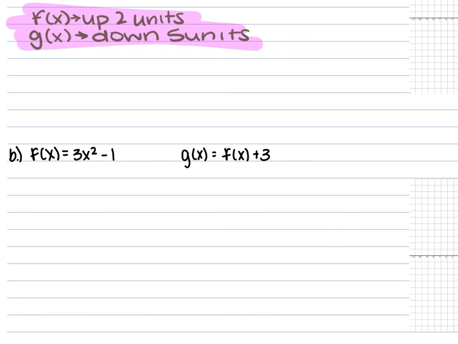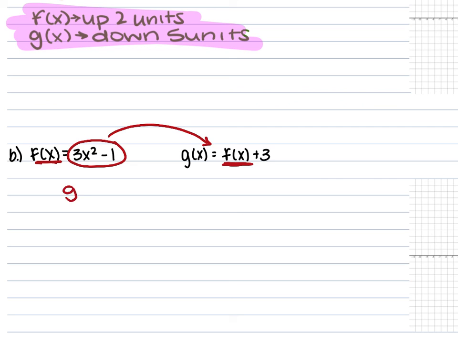For example, B, they're telling you that f of x is equal to 3x squared minus 1, and g of x is equal to f of x plus 3. Well, f of x, it tells you, is that 3x squared minus 1. You have f of x in your g of x, so just replace f of x with that 3x squared minus 1.